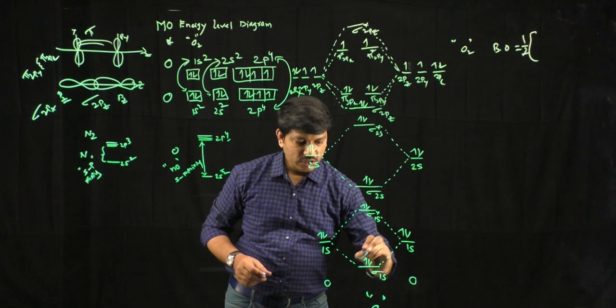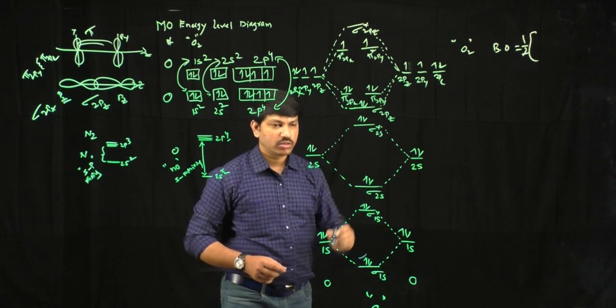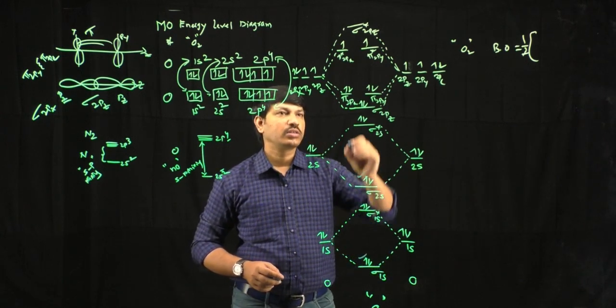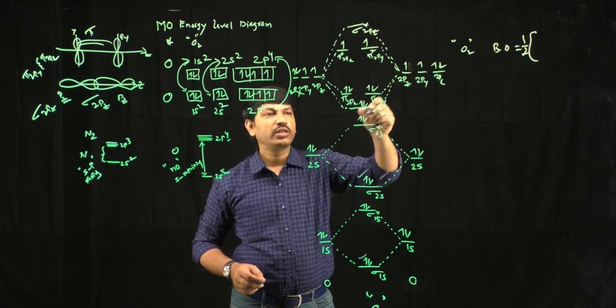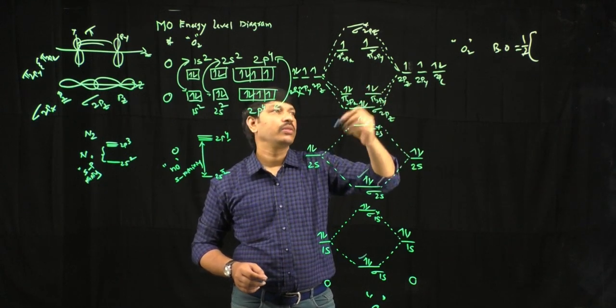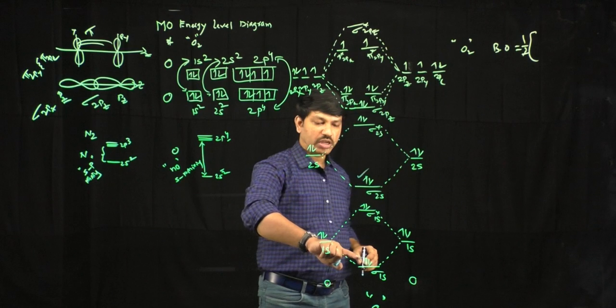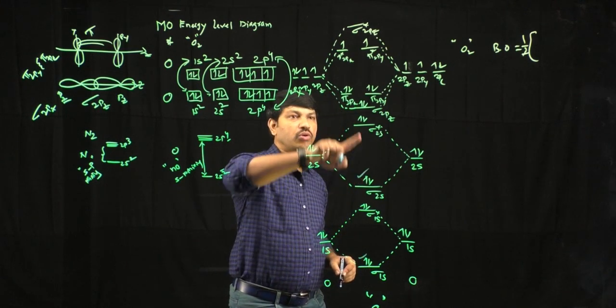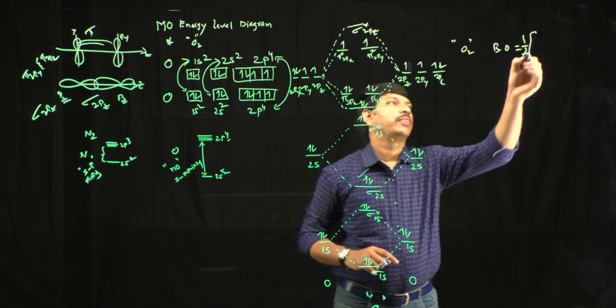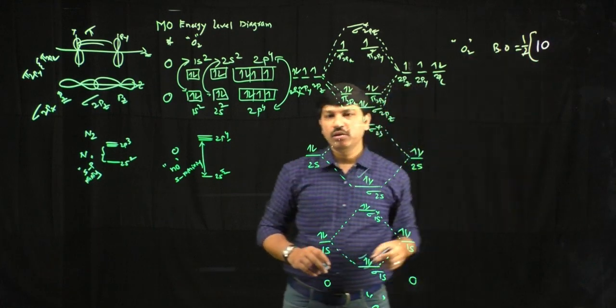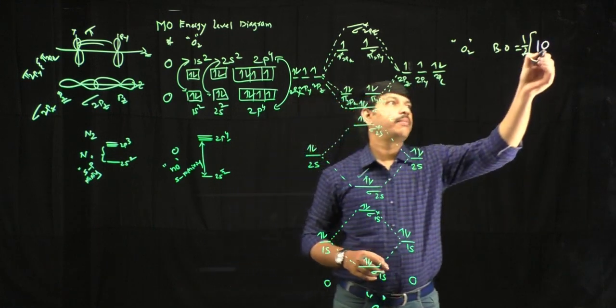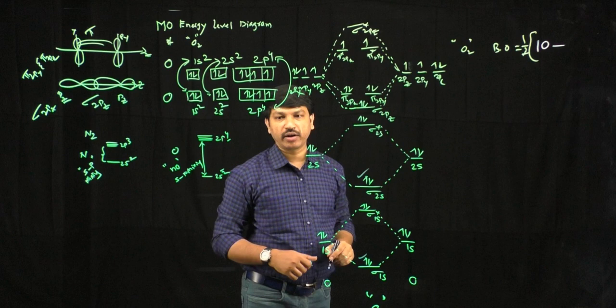So here you can see, this is one of the bonding electrons and this is another bonding electrons, and these 6 electrons belong to bonding molecular orbitals only. That means how many bonding electrons do we have? 2 plus 2 is 4, 4 plus 6 is 10. We have 10 bonding electrons minus anti-bonding electrons.